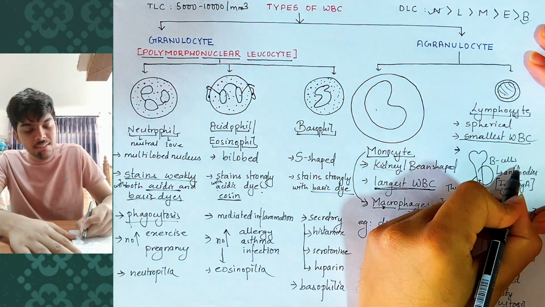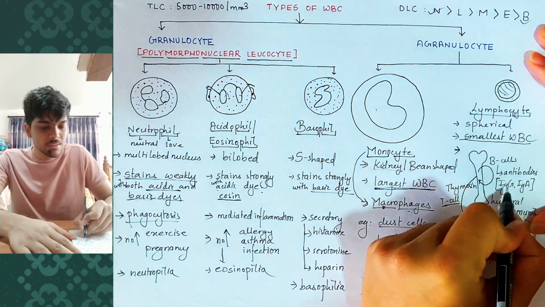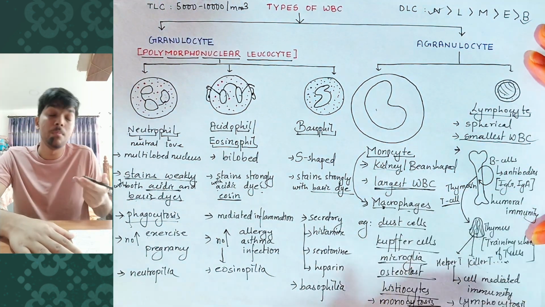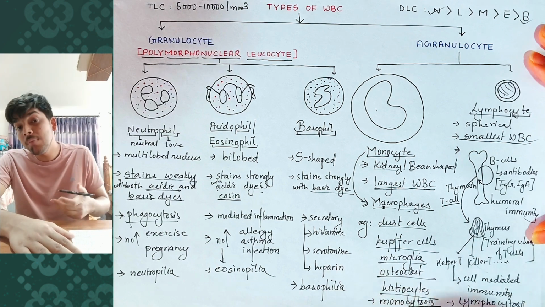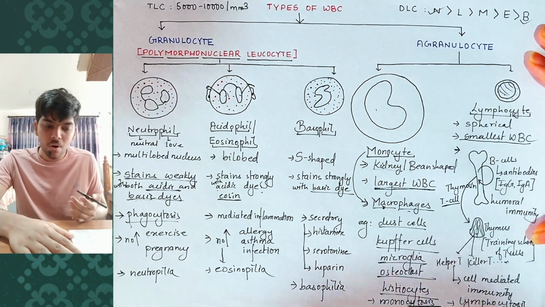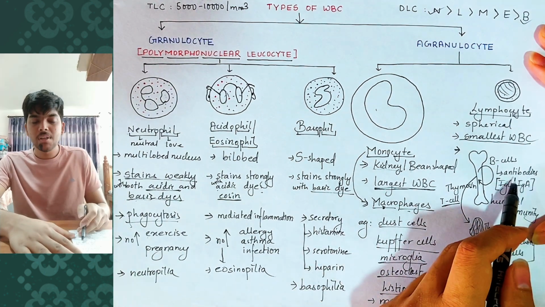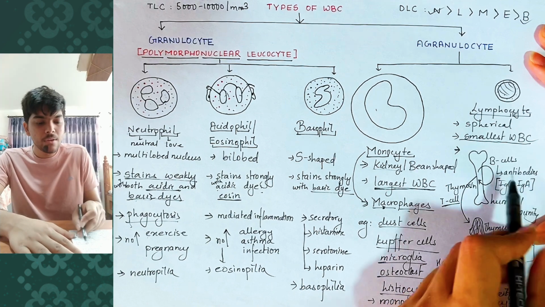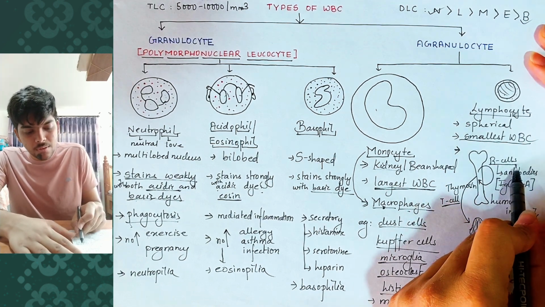And B lymphocytes produce antibodies such as immunoglobulin A, immunoglobulin G, immunoglobulin M, immunoglobulin E, immunoglobulin D. These are the various antibodies that are found inside the human body. These antibodies are made and sent by your B lymphocytes.